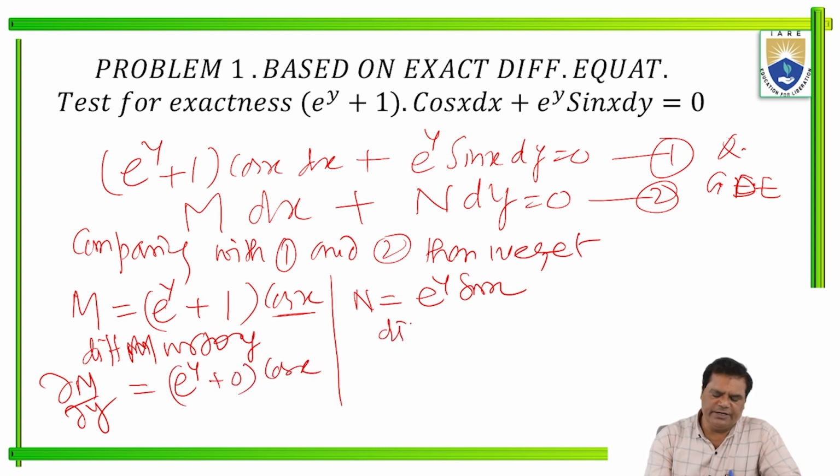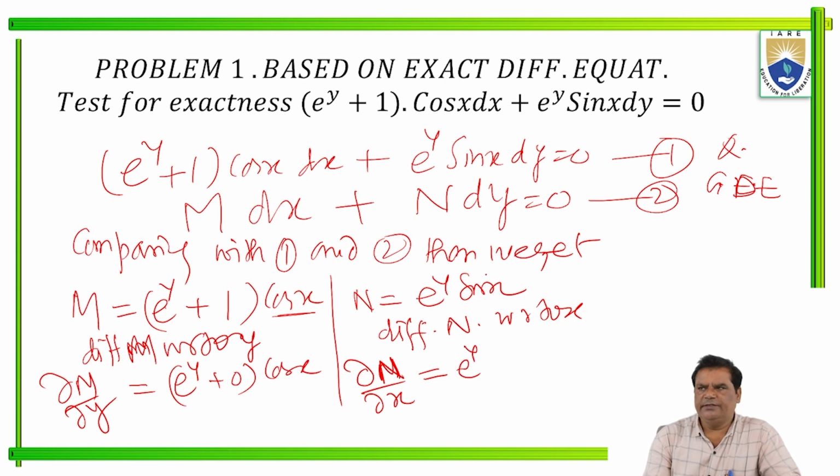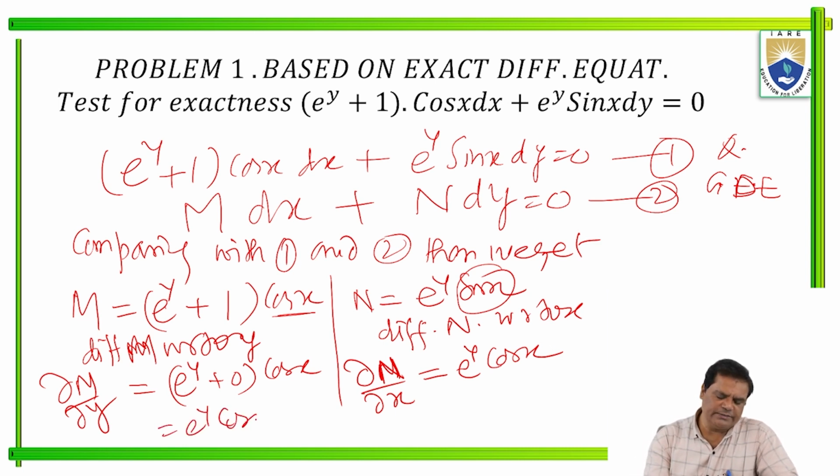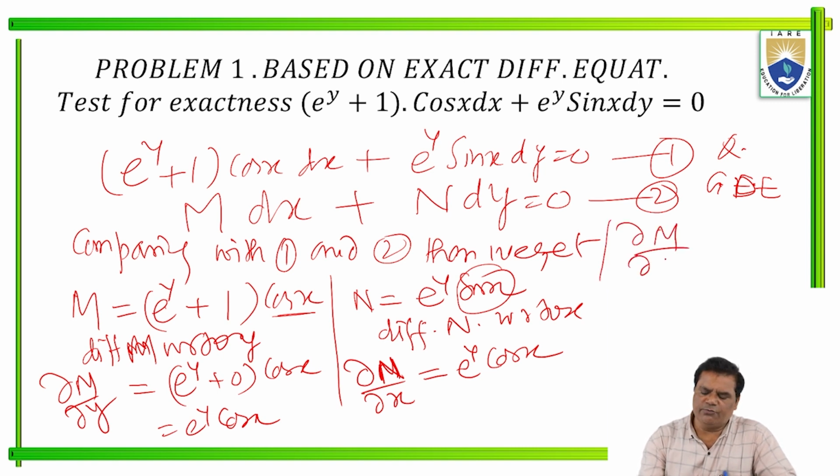And now differentiating N with respect to x, del N over del x equals e to the power y, which is constant, times the differentiation of sin x, which is cos x. So both are the same here: e to the power y cos x. So here del M over del y equals del N over del x.